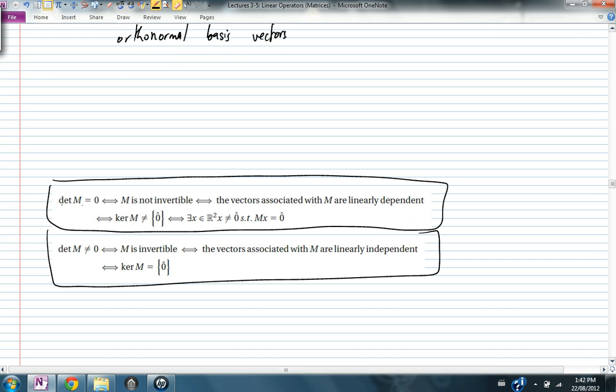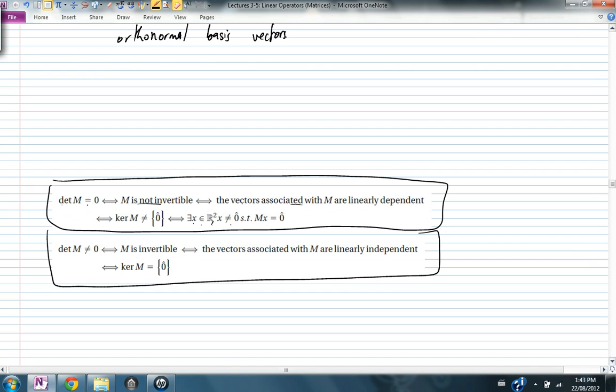The determinant of M is 0 means that M cannot be inverted, which means the vectors associated with M are linearly dependent. The rows are linearly dependent. If M is not invertible, we'll remember from the last part, that means that the kernel of M is not just a 0 vector.